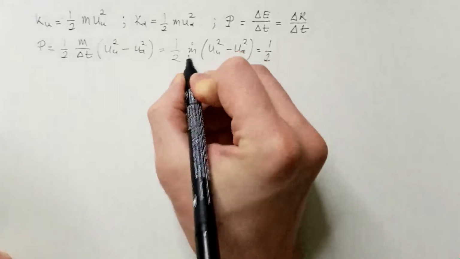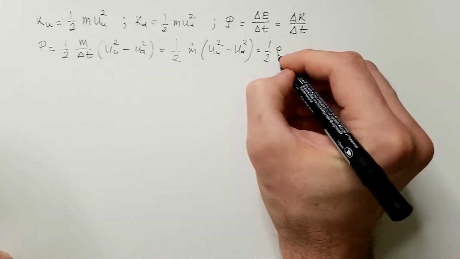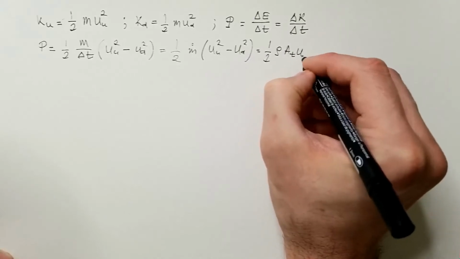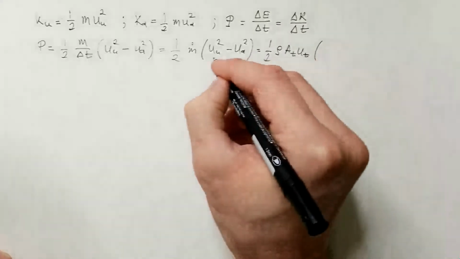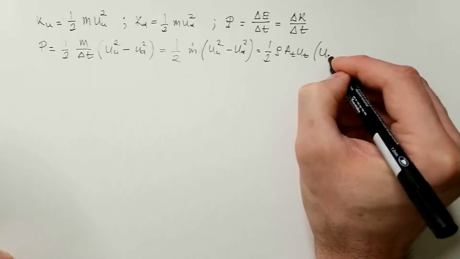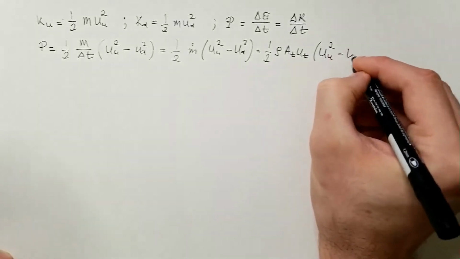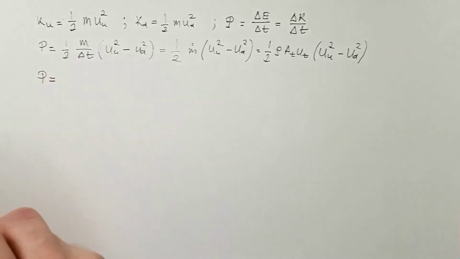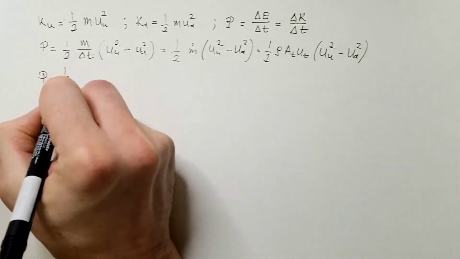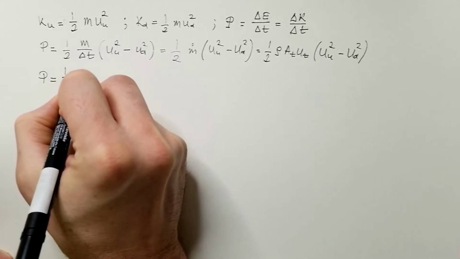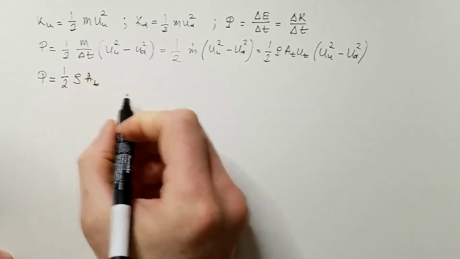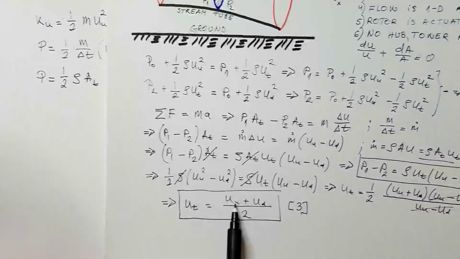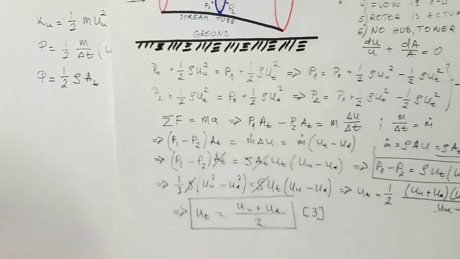And that is further equal 1 over 2 m dot. We already saw it is rho A_T U_T times this U upstream squared minus U downstream squared, or power is equal 1 over 2 rho A_T. Now what is U_T? Well, we just showed U_T is U upstream plus U downstream over 2.